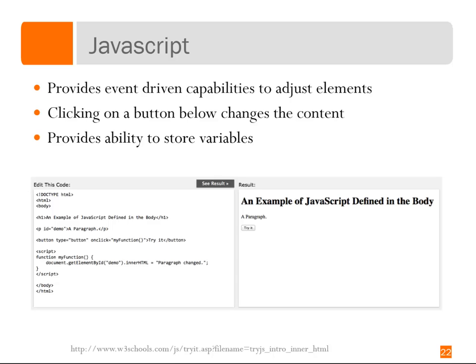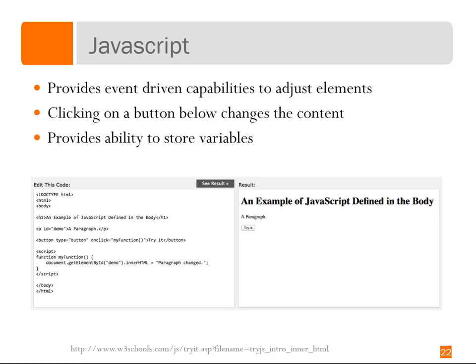We can see it's going to have a header of an example of JavaScript defined in the body, which you can see the result over on the right-hand side. And then we have another line of text that is a paragraph. And then we have a button. So we've defined this button called try it.